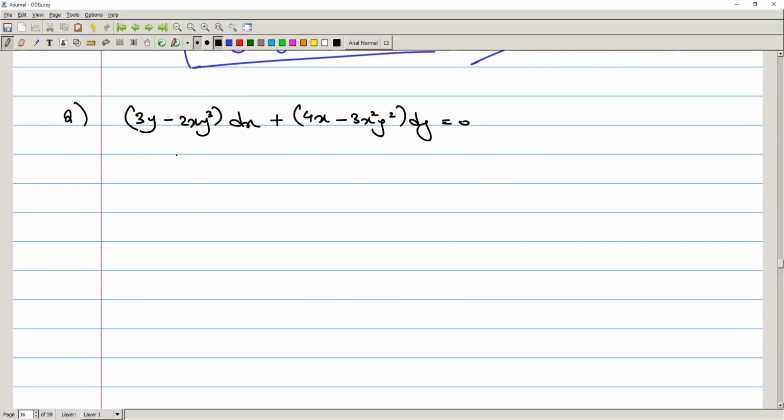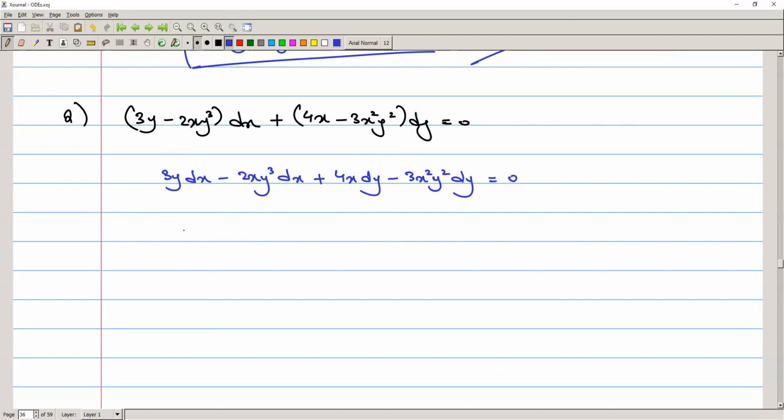Now, first of all, we need to convert the equation to the standard form, and then find the integrating factor and the constants that we need. So we can write 3y dx minus 2x y cubed dx plus 4x dy minus 3x squared y squared dy is equal to 0, right?